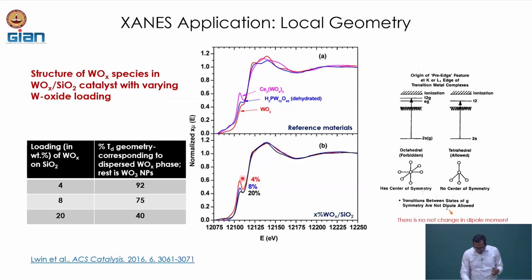Okay, but as we are increasing the loading to 8 and 20 wt%, of course, now we are going way beyond the monolayer coverage, which is about 6 wt%. So we are forming WO3 crystals. Now, once we are forming those crystals, we are seeing that this pre-edge peak intensity has gone down.